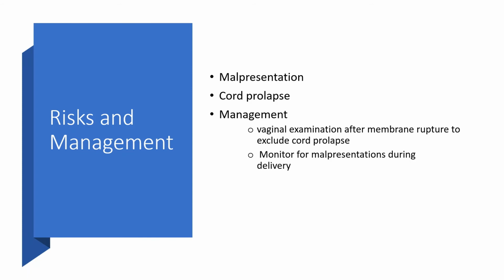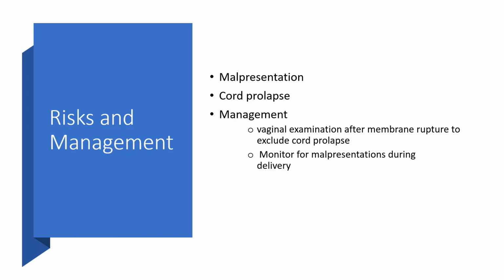So what are the risks of polyhydramnios? Now we have to think about what is happening. You have too much amniotic fluid, so the baby is just floating, swimming around, right? Normally toward the end of term, the baby rotates and the head goes to the lower segment, so that the presenting part is the head, cephalic presentation.